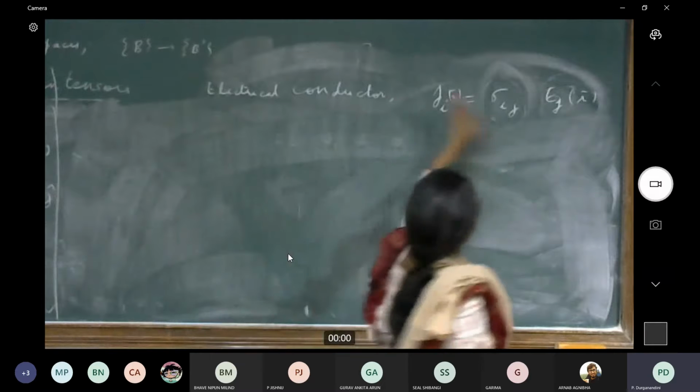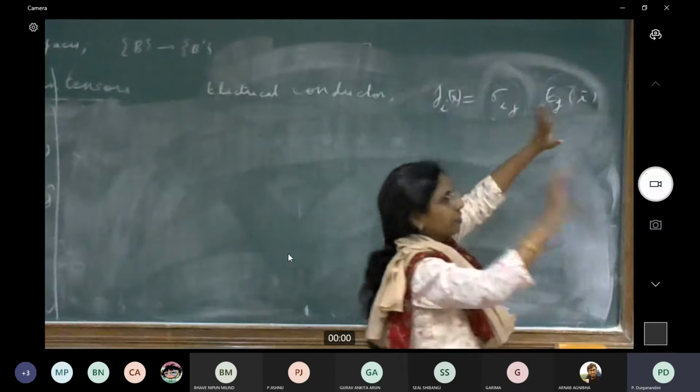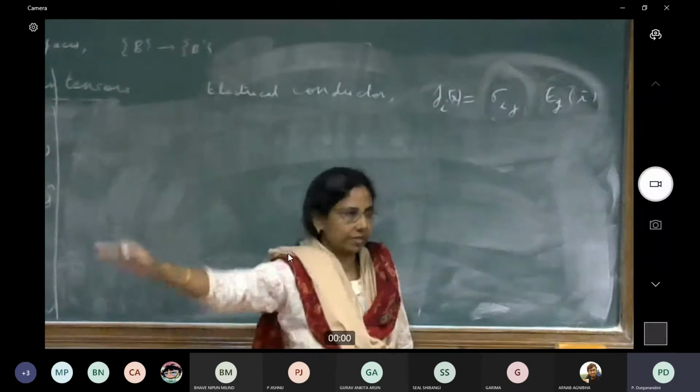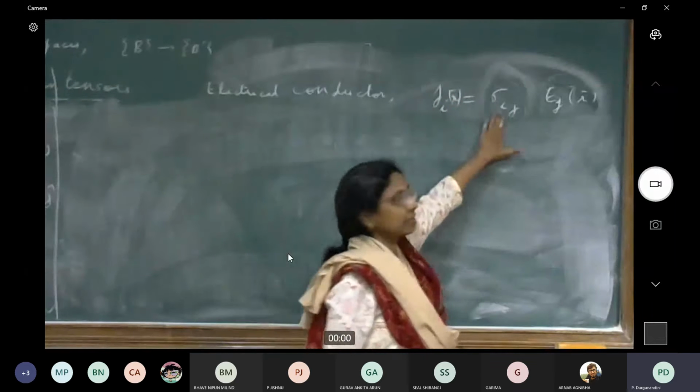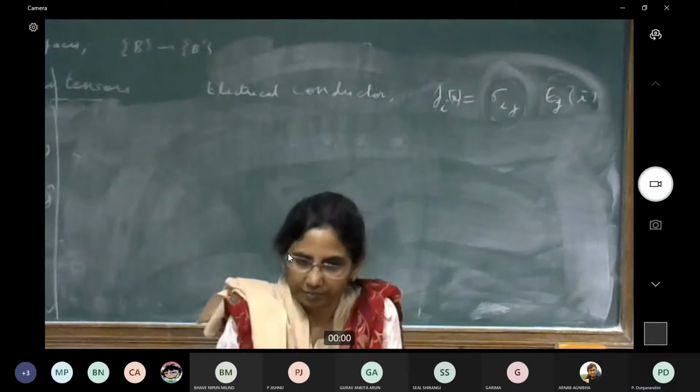For example, I said that this transforms like a vector, this transforms like a vector, and I know that it's a physical law which must be true whether I do it in this coordinate basis or a rotated coordinate basis, then I can automatically tell you that this must transform like a tensor of rank 2. I have no other choice.